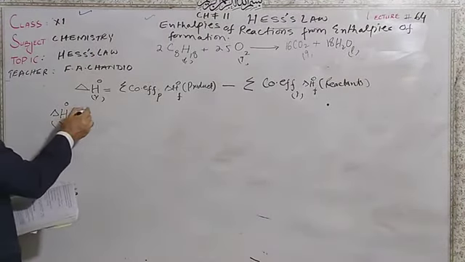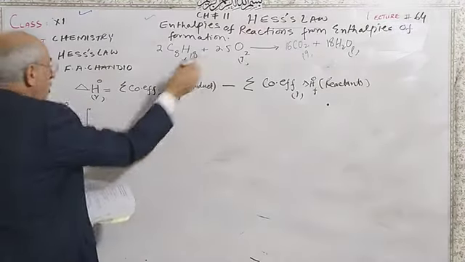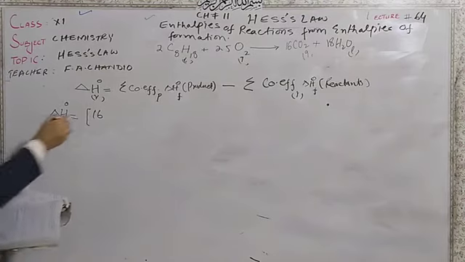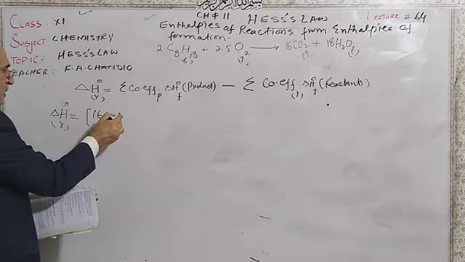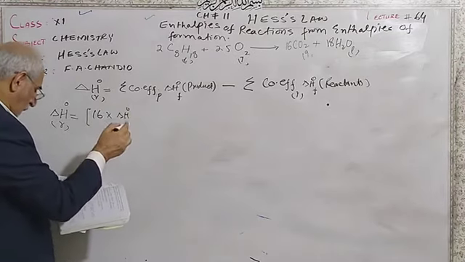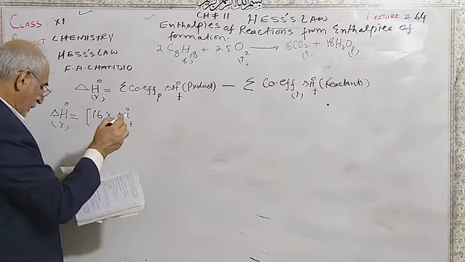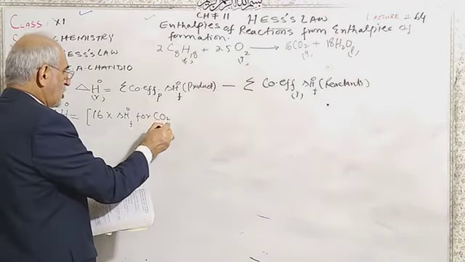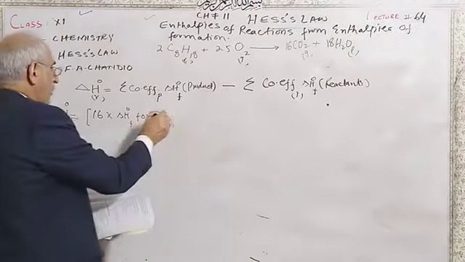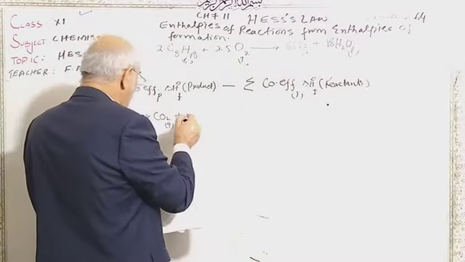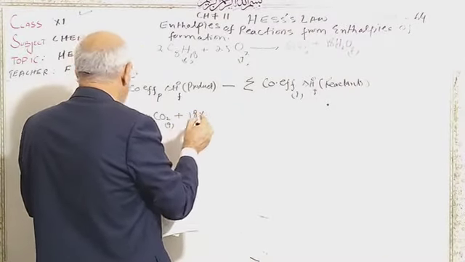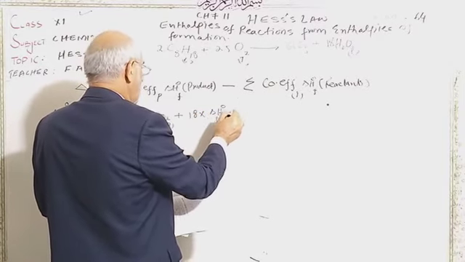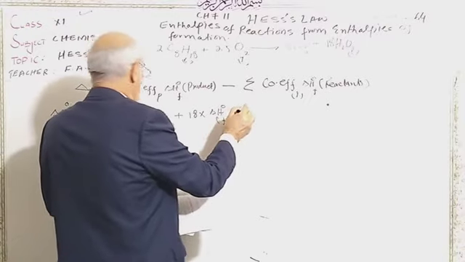So dear students, 16 moles of carbon dioxide gas, products: 16 multiplied by the change in enthalpy of formation for carbon dioxide gas, plus 18 moles, change in enthalpy of formation for water.